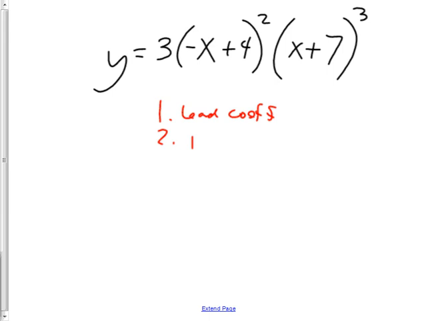Number 2, what's the degree? Number 3, I'm not going to ask how many terms it is. You could do it, but this kind we wouldn't probably ever ask you that. We would definitely ask the end behavior, as in left side and right side.